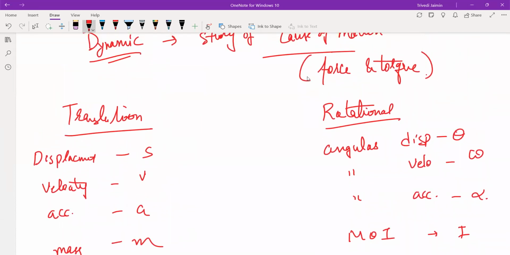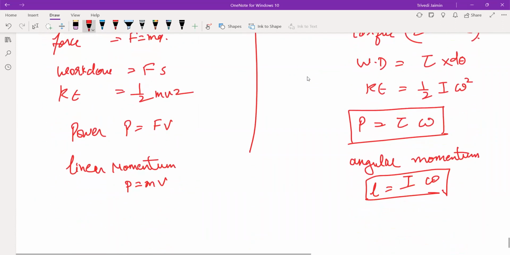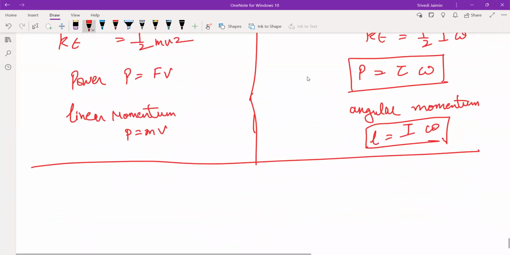Is this thing clear? Okay. Now, let's see conservation of momentum.